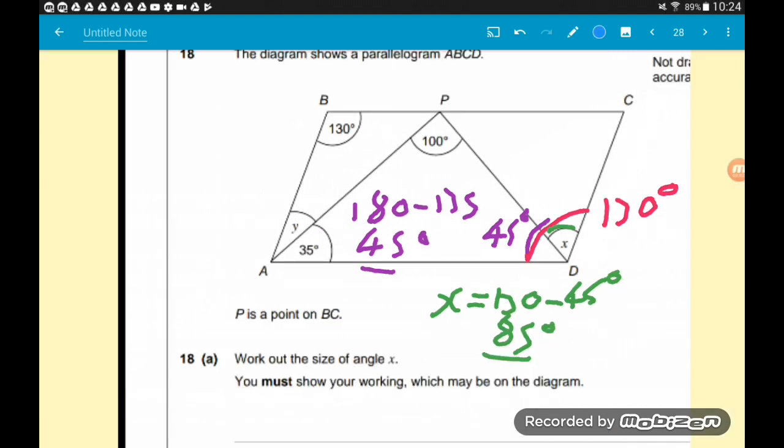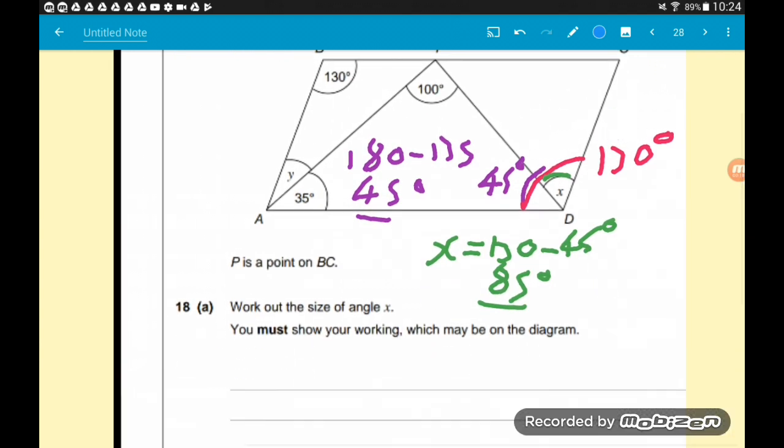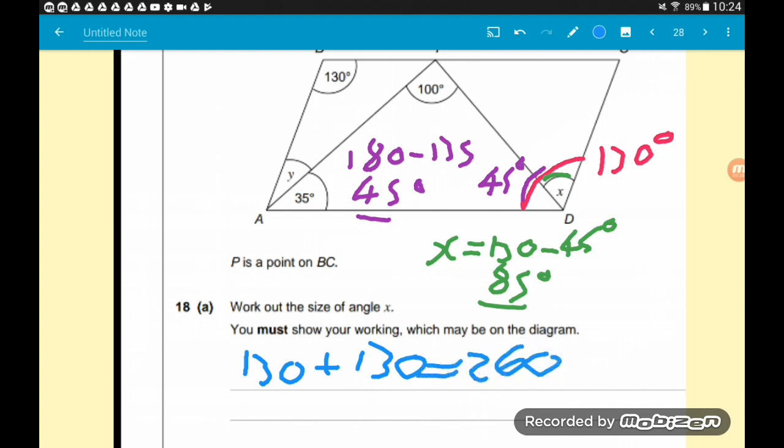Okay, and then to work out angle Y, well, remember that angles in a quadrilateral add up to 360 degrees. We know the top left angle and the bottom right angle together are 130 and 130, which is 260.